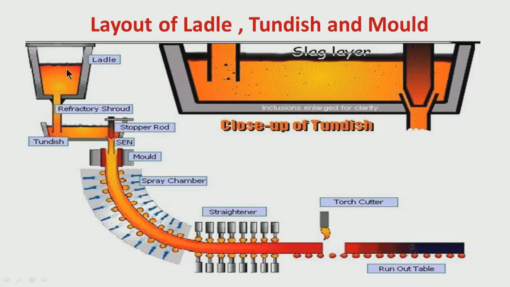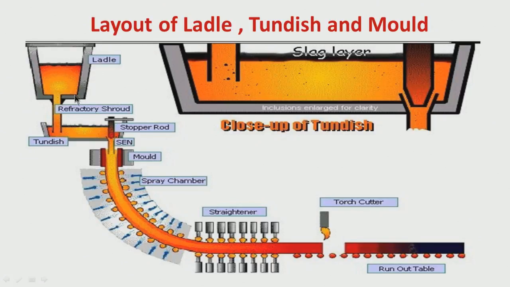But when the ladle is emptied, the liquid steel comes down in the Tundish, this ladle will go, another ladle will come here, but the Tundish will remain. That is what continuous casting is. There will be several ladles, one after another, and liquid steel will get poured in the Tundish. So, Tundish is very important as a buffer between the ladle and the continuous casting mold.